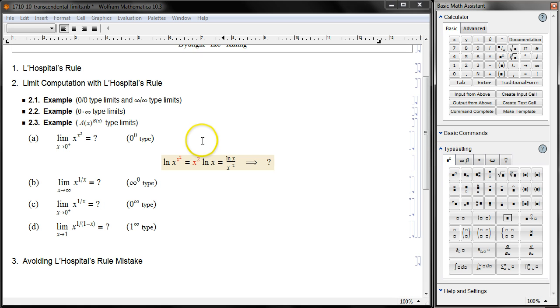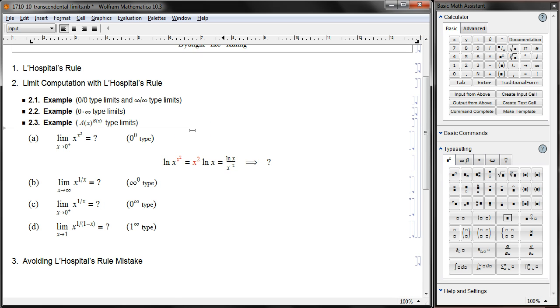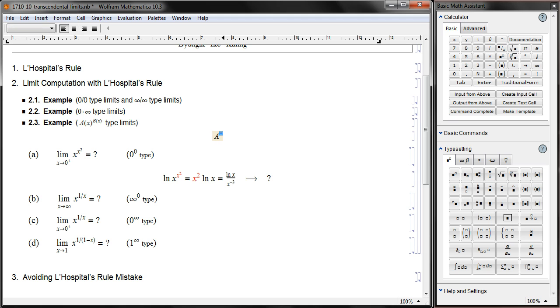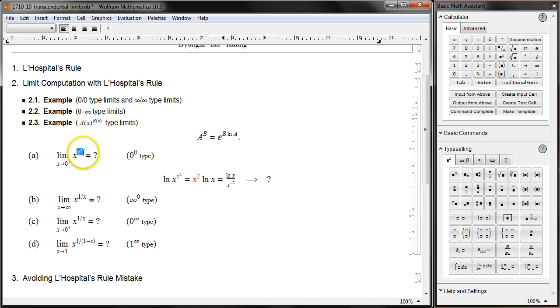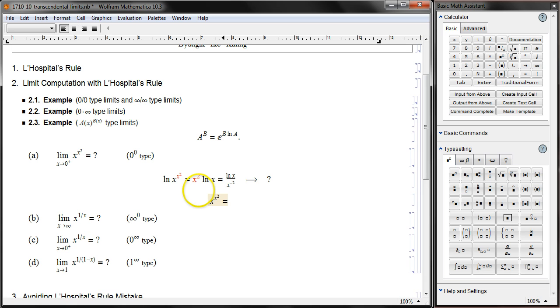Another way is to do this. Let me write down the general formula here. A to the b power is equal to exponential of b times log of a. If you use this formula, you can change this form into this. This one equals e to the x squared times log of x.